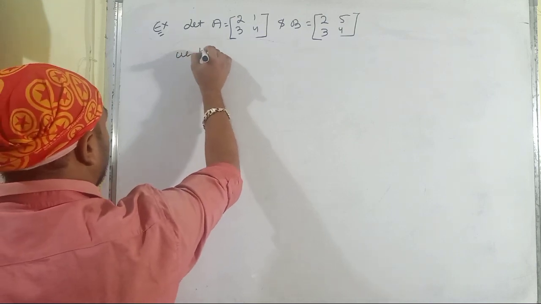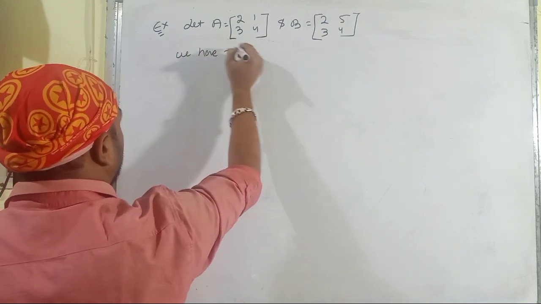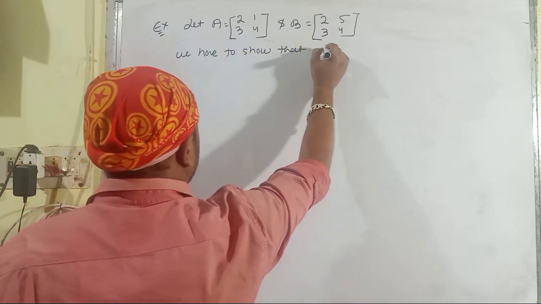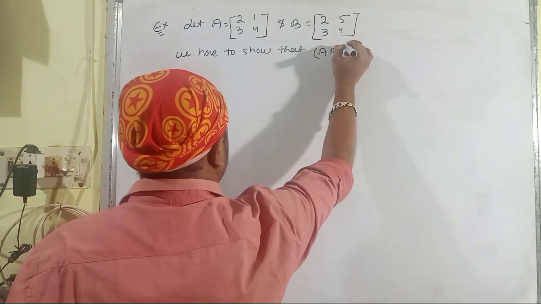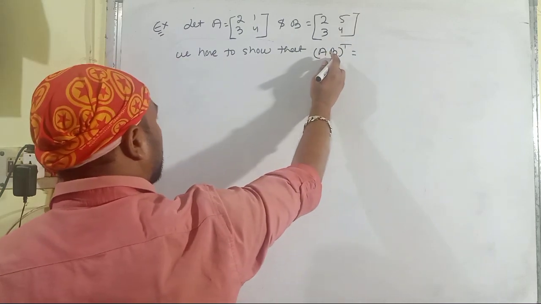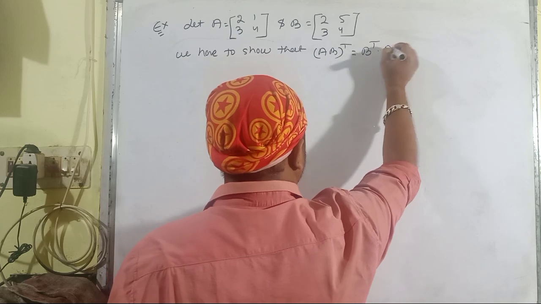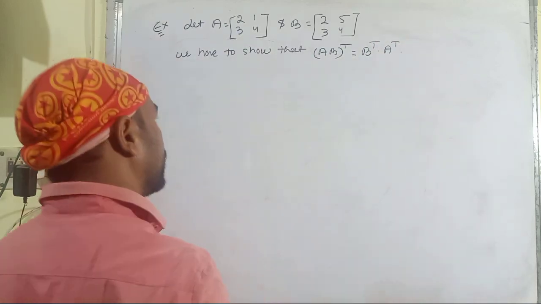We have to show that the transpose of the multiplication of A and B is equal to B transpose multiplied with A transpose.